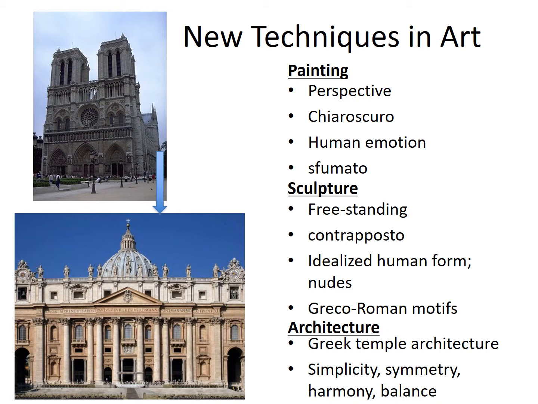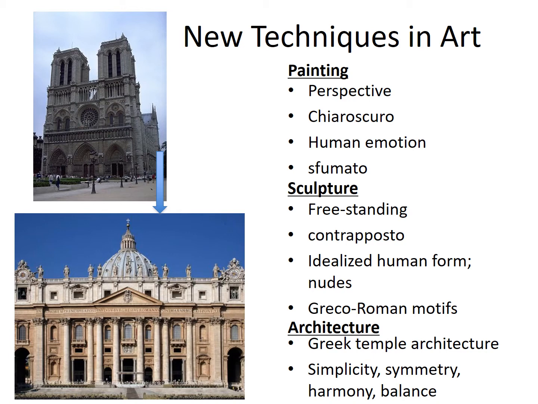And of course, Greco-Roman motifs or themes, like you see Greek and Roman gods and goddesses being portrayed in the arts once again. Architecture, you see Greek temple architecture being utilized again, as well as Roman themes in architecture as well. The use of the dome again, which was a Roman thing.